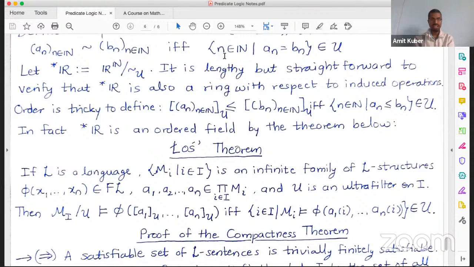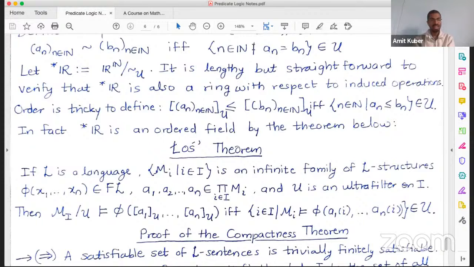Okay, so just have a look here. The set of n such that a_n is equal to b_n is a large set. So we are just generalizing this. a_n equals b_n is a formula. x equals y is a formula, and that is being satisfied at the sequences a-bar and b-bar.